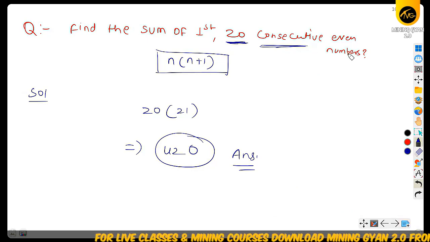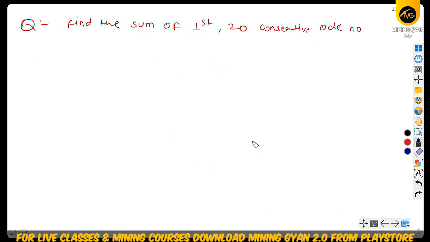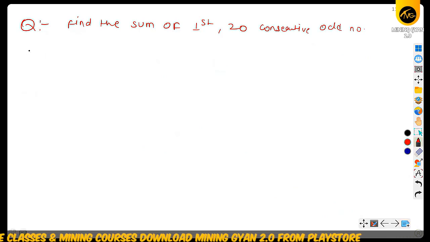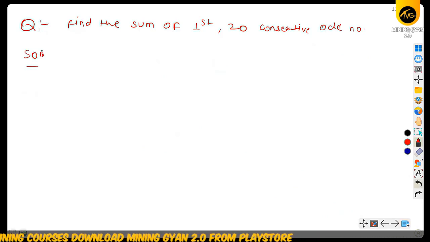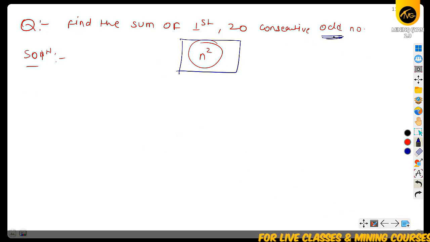Then what formula do we have to use? So to find the sum of the first 20 consecutive odd numbers, we use a simple formula, and that is n square. Just use n square and you get the answer.